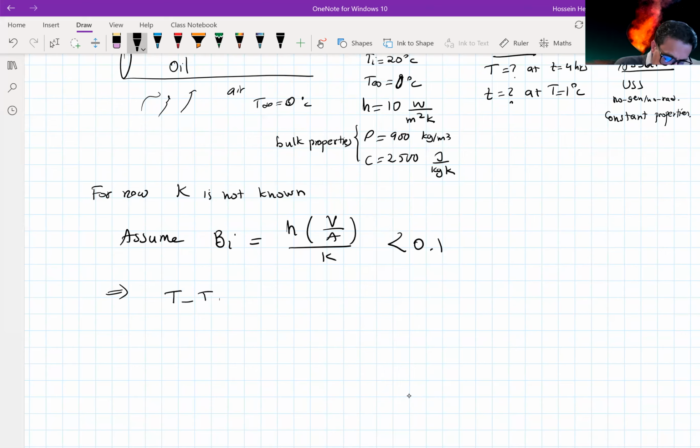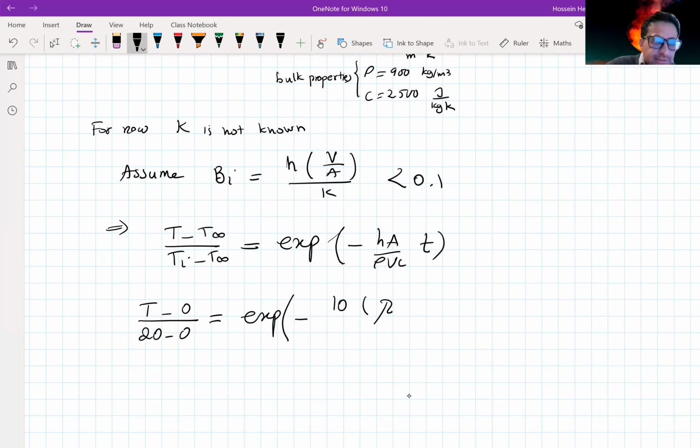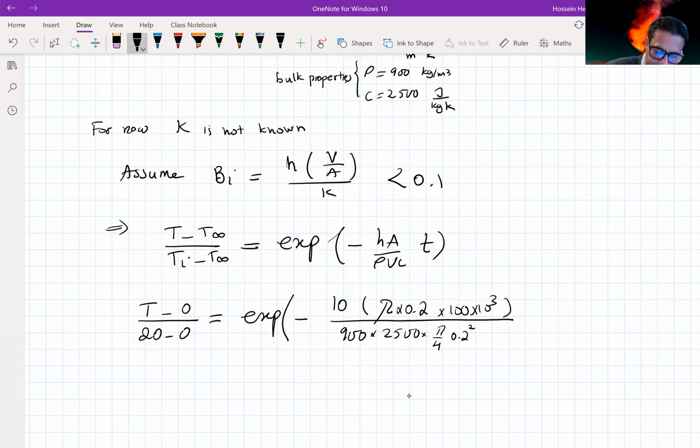So if that assumption is valid, then we would have (T minus T infinity) over (Ti minus T infinity) equal to the exponential of minus hA over rho V c times t. Here T infinity is 0, Ti is 20 minus 0, equal to exponential of minus h, which is 10, times the surface area, pi times d times 100 times 10 to the power 3, divided by 900, 2500, d squared over 4 times 100 times 10 to the power 3, times t.